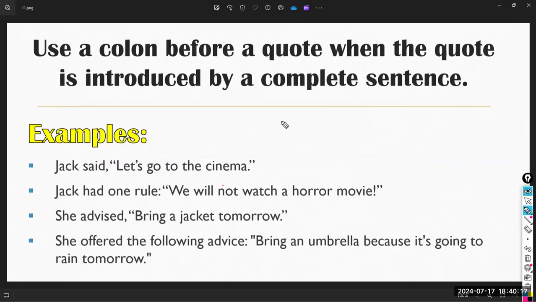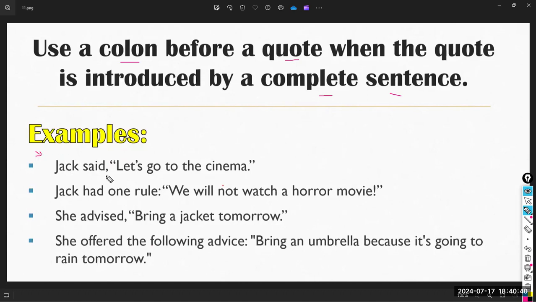The next rule of using the colon is saying we have to use a colon before a quote when the quote or the quotation is introduced by a complete sentence. Absolutely, we have some examples. Notice the example, this is the normal sentence about quotation.